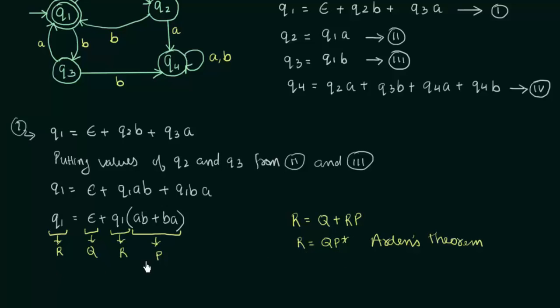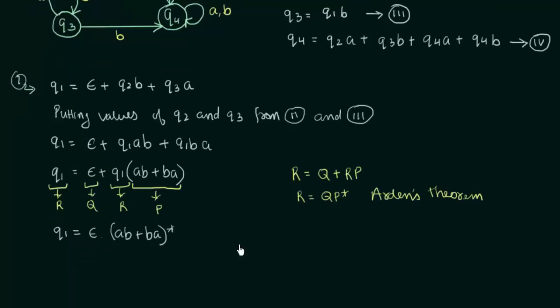So R is Q1, Q is epsilon, and P star is (AB plus BA) star.